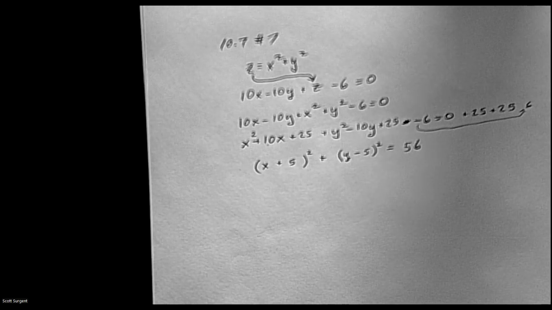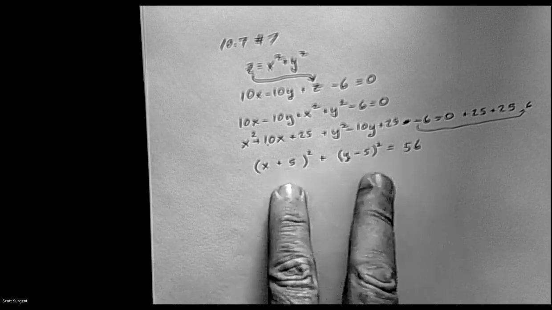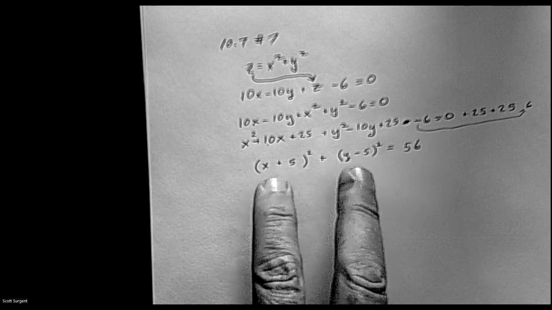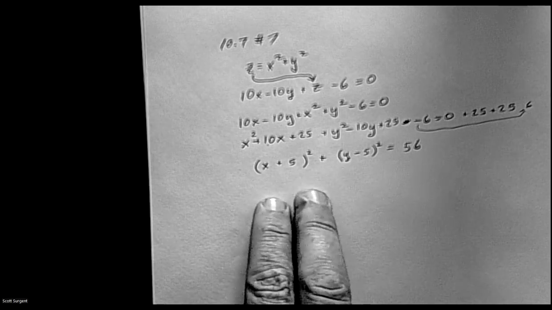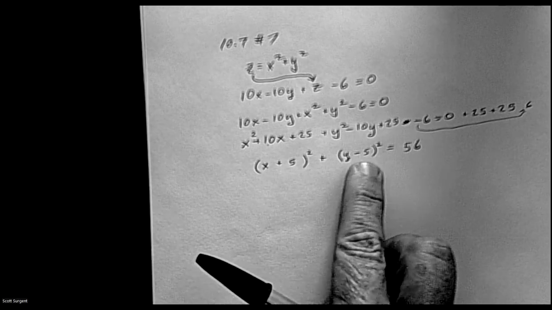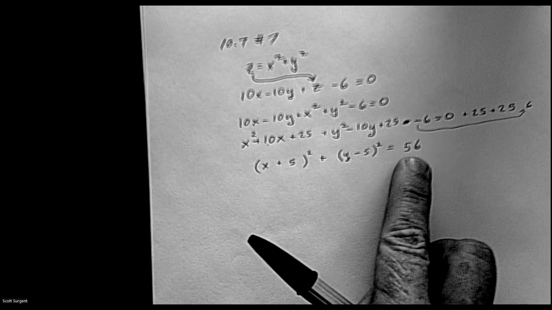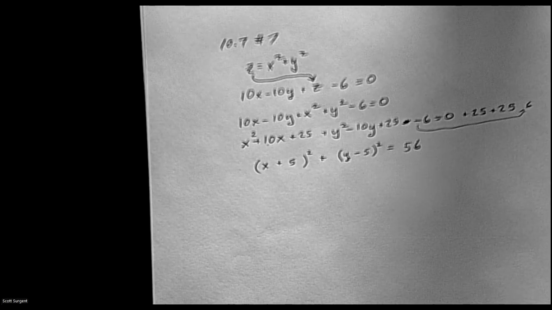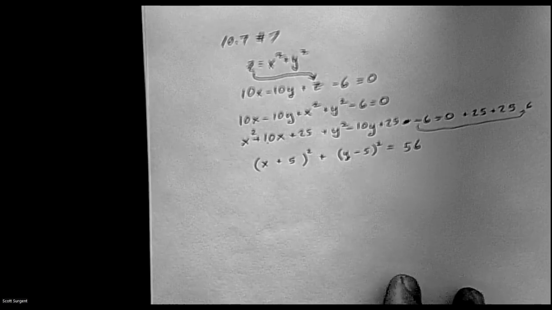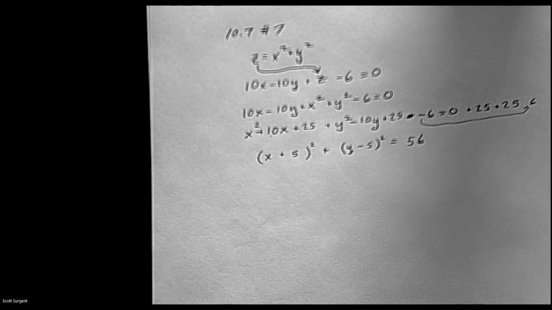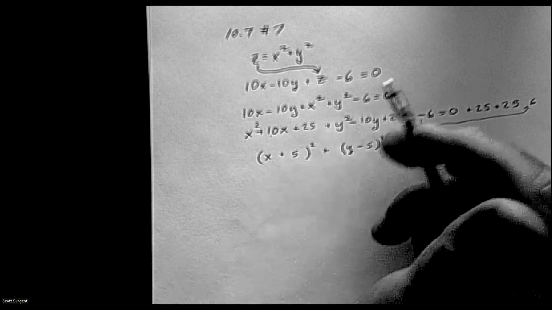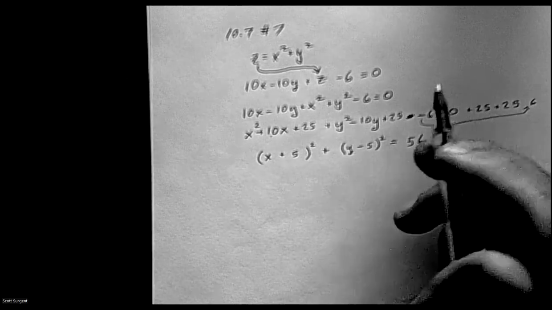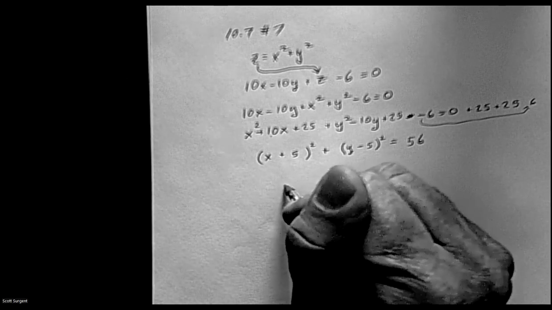Okay. So now the question is, we've got to parameterize this. And if you look at this, this is actually a circle. It's centered at (-5, 5) with a radius of root 56. And so normally when you parameterize a circle, you go with cosine and sine.